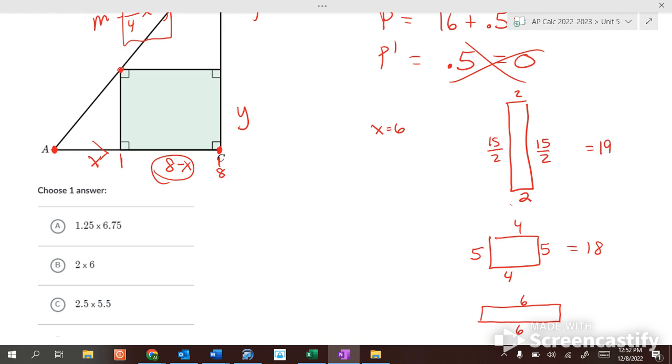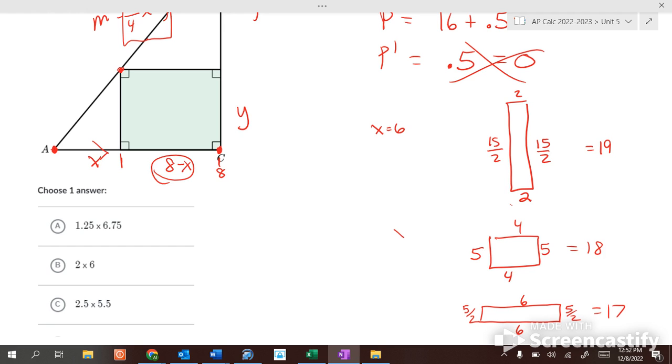And what's 5/4 times 2? 5/2, right? 2.5. So 5/2 plus 5/2 is 5, plus 12 is 17.